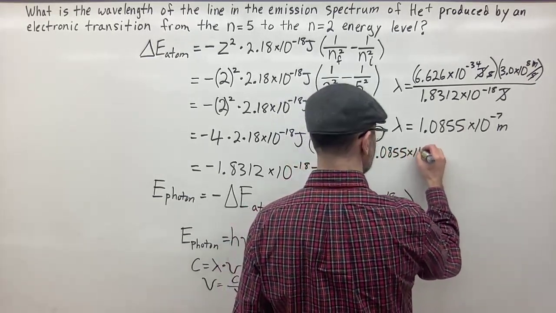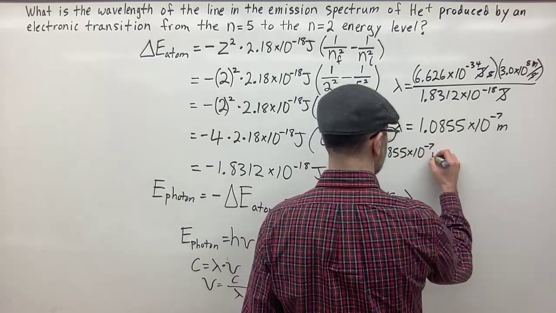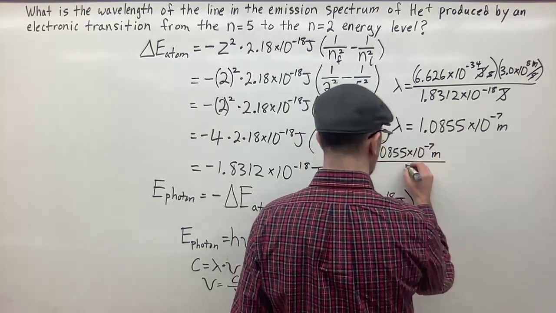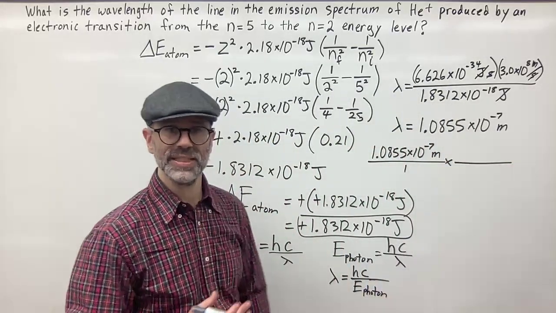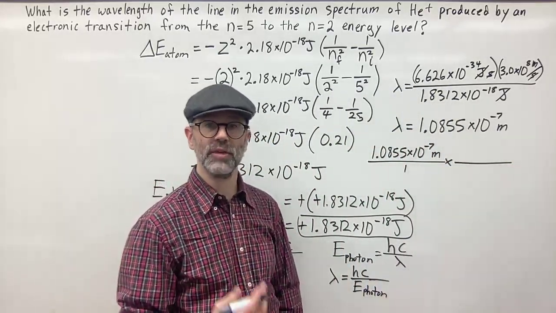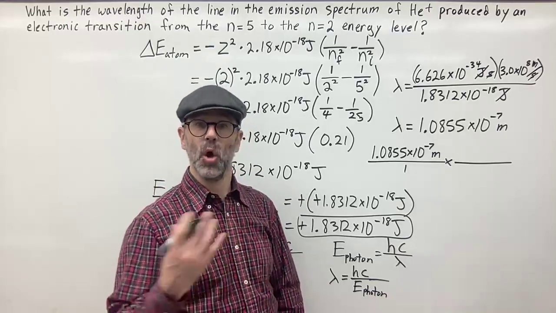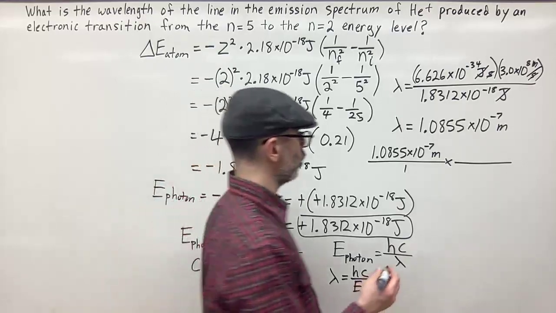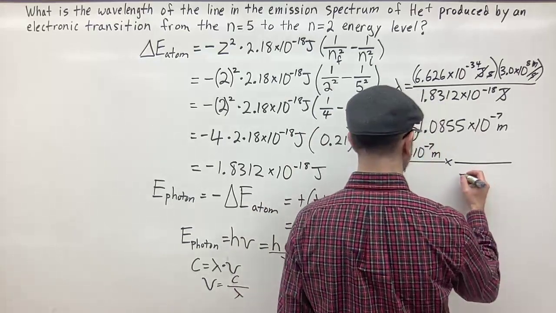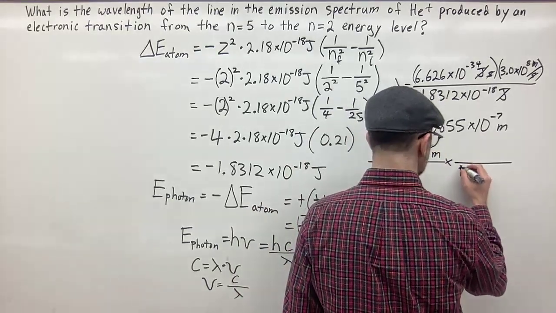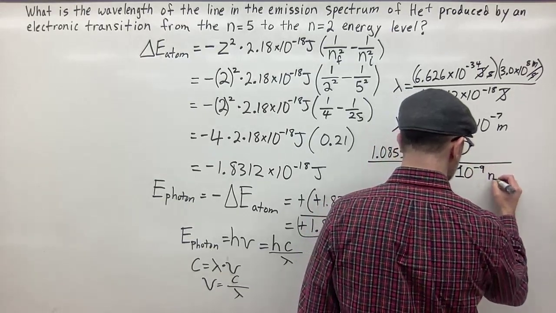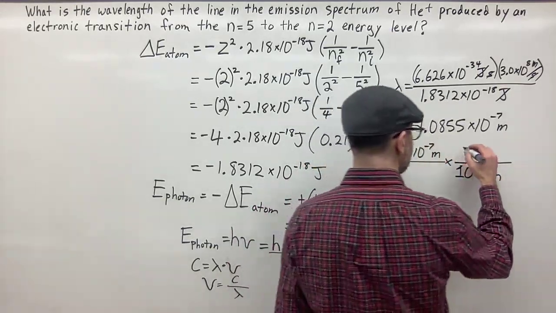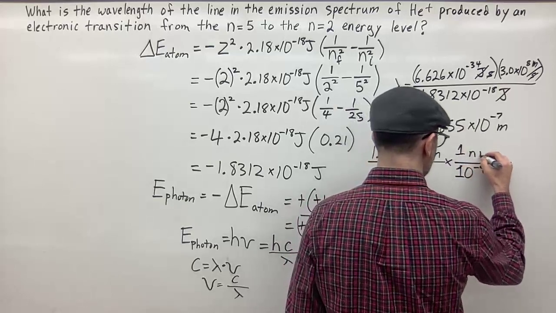1.0855 times 10 to the negative 7 meters over 1. I know 1 nanometer is equal to 1 billionth of a meter because nano means 1 billionth of. So that's going to be 10 to the negative 9. So I'm going to put 10 to the negative 9 meters on the bottom and 1 nanometer on top.